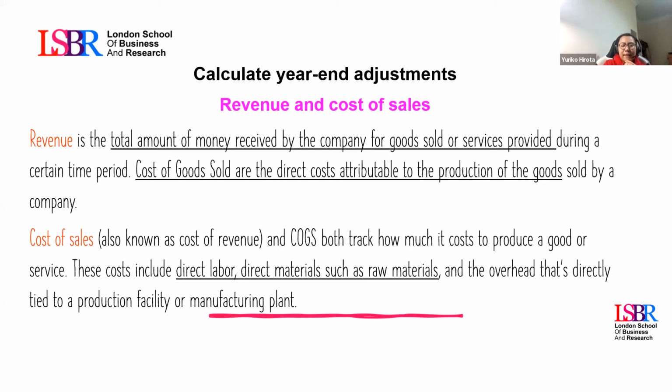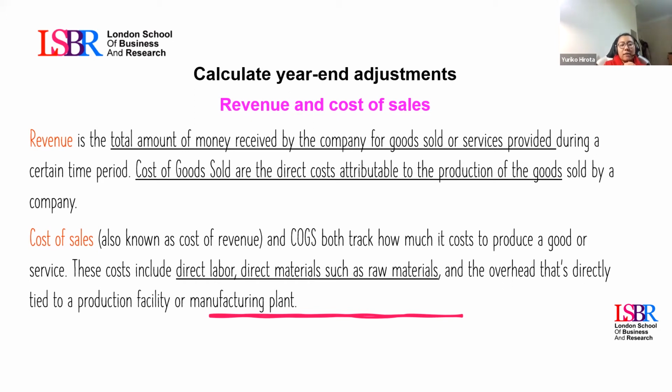Cost of sales is more related to companies that are producing products instead of services. Basically, we only have cost of sales in manufacturing entities. We don't have cost of sales, for example, in a company that is selling services.